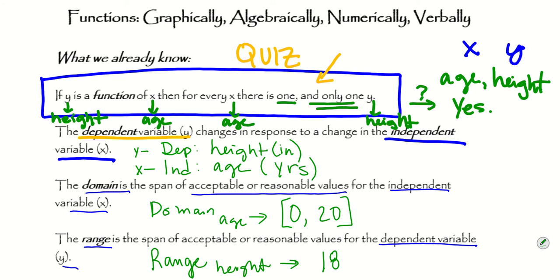Most babies are between 18 and 22 inches at birth, up to, I'm going to use 84 inches. 7 feet would be a very tall male, and 7 times 12 is 84. So a typical range for the relationship between age and height might be 18 to 84.